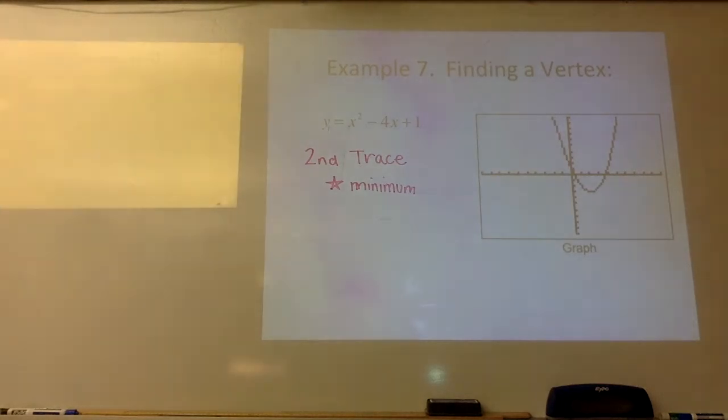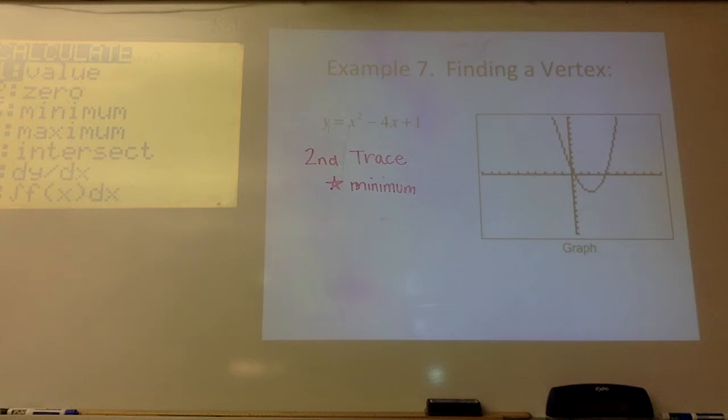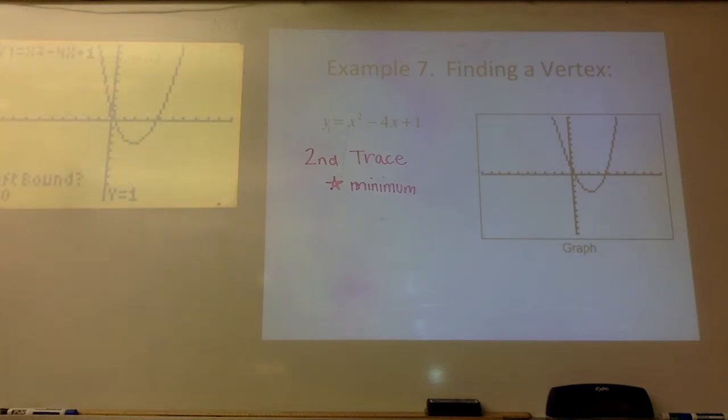Okay, so I go into my y1 and I put in x squared minus 4x plus 1, and I look at my graph. I go into second, calculate, I choose the minimum value. Now, this is where these are $100 calculators. Obviously, the minimum exists on the screen, but the calculator wants a little help.